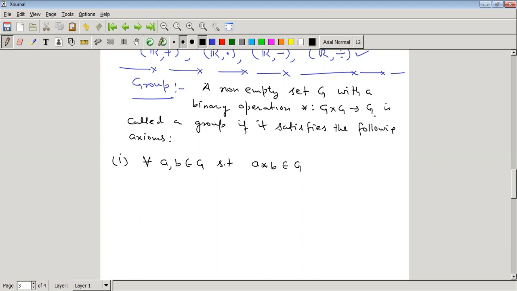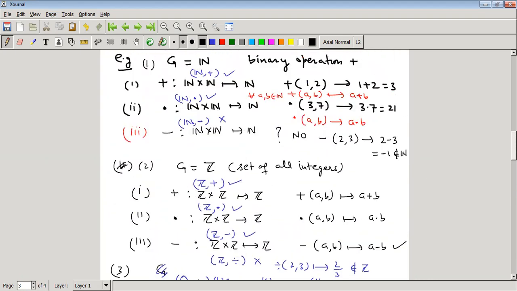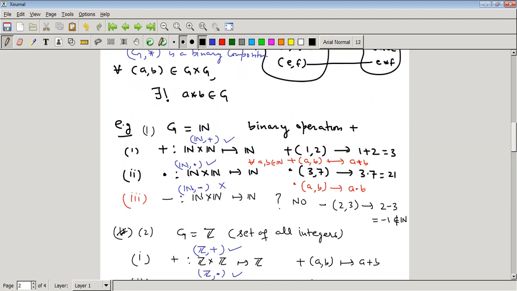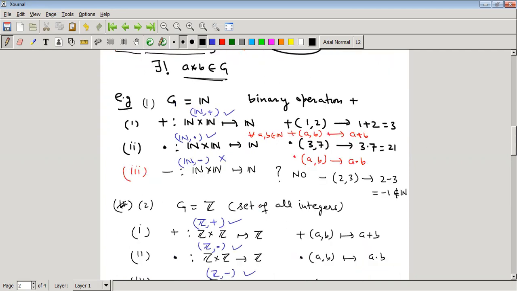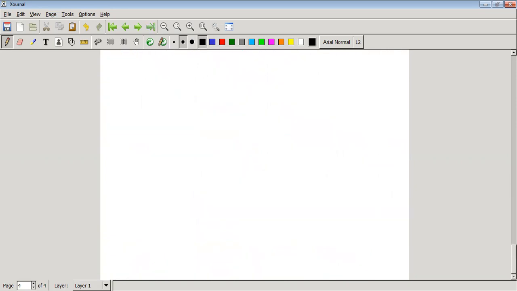The binary operation is already defined, and we have already discussed that if the binary operation is defined, then given any a, b in G cross G, a star b belongs to G. So it is given that this is a binary composition.